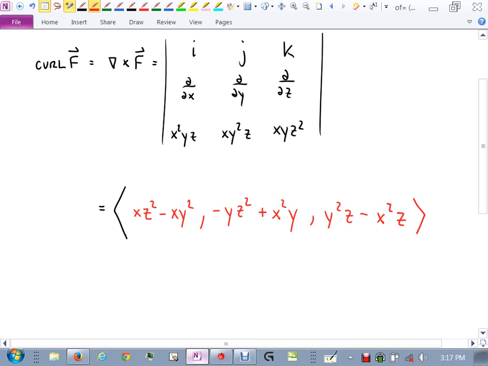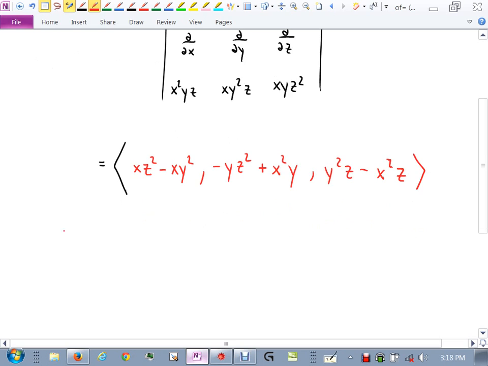So that's the curl, right? And now find the curl and the magnitude of the curl at a specific point. So at the point (2, 1, 0), the curl of F is equal to what?